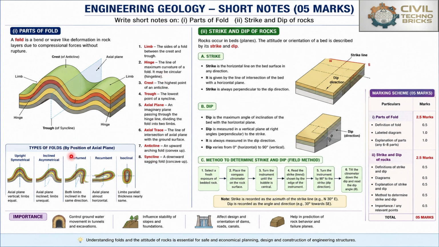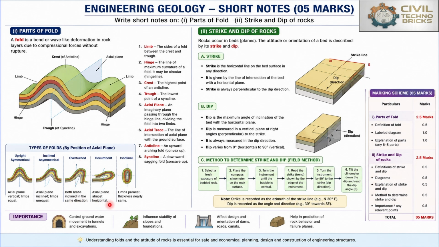These folds, based on position and axial point of view, that is symmetry and asymmetry, are classified as upright symmetrical, inclined asymmetrical, overturn, recumbent and isoclinal. The axial plane is vertical and limbs are equal in upright symmetrical. Axial plane inclined and limbs unequal is inclined asymmetrical. Where both limbs incline in the same direction, that is overturn.